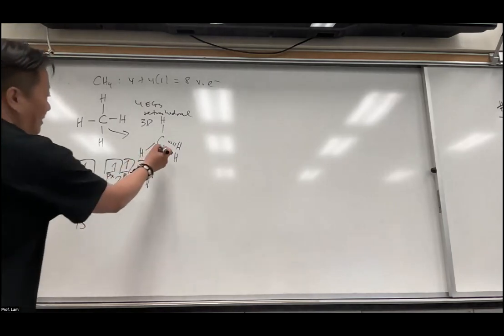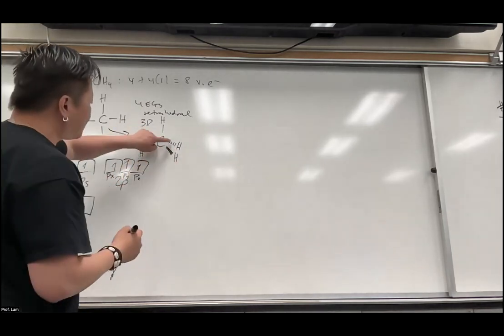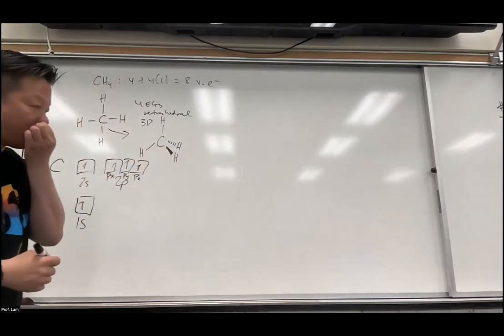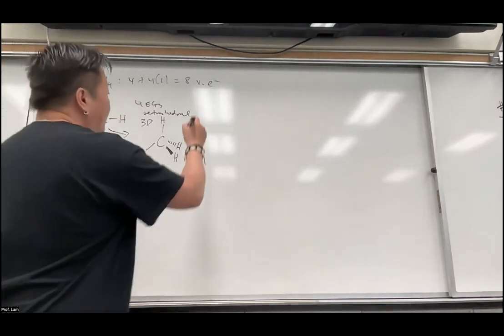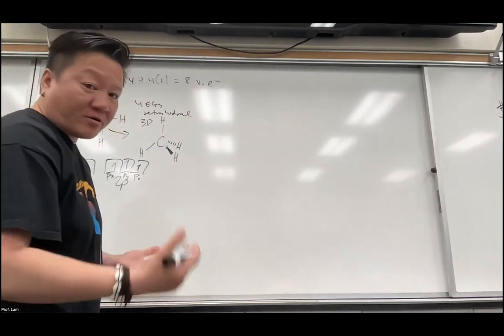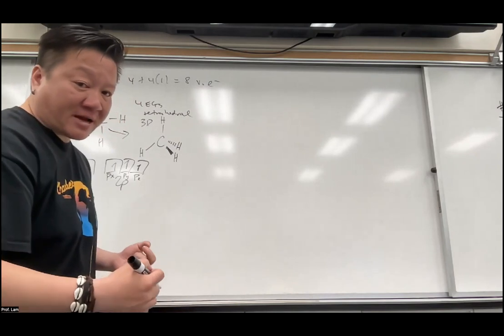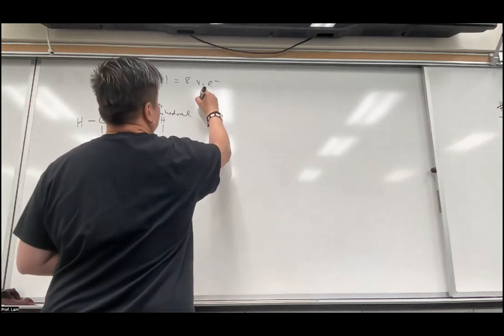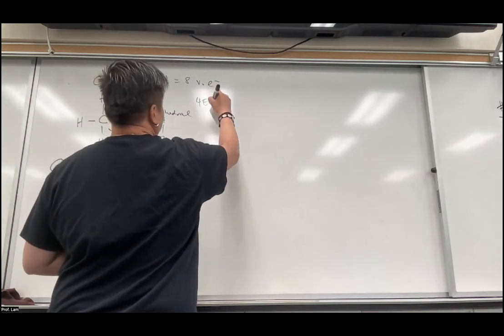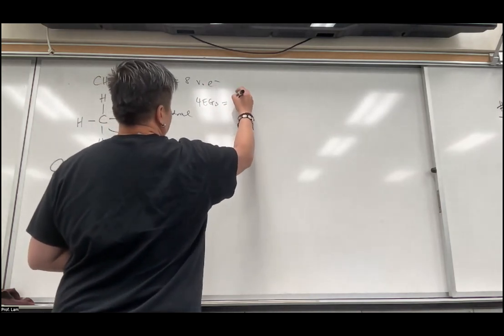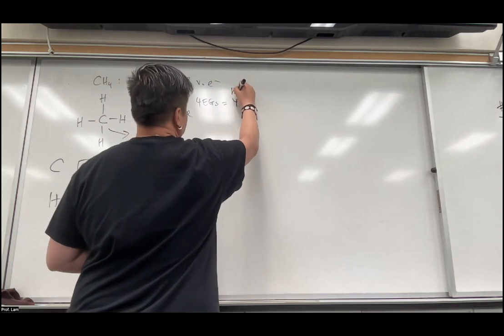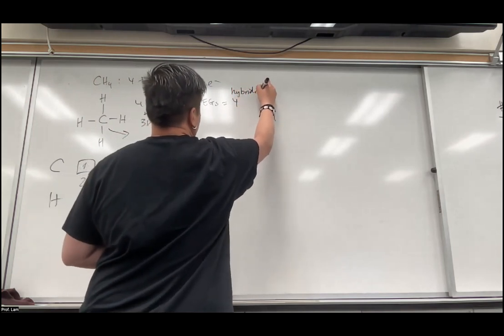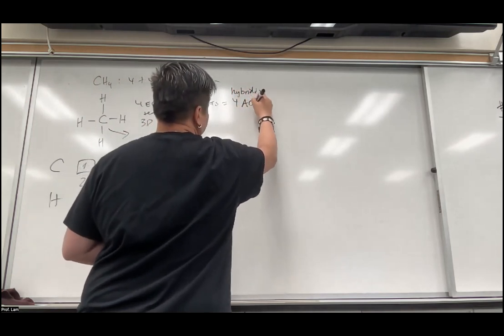So now, again, I'm counting, right? 1, 2, 3, 4. I have 4 electron groups, and the rule goes like this. If I need to make 4 bonds, I'll need to hybridize 4 atomic orbitals. So 4 electron groups means I need to hybridize 4 AOs.